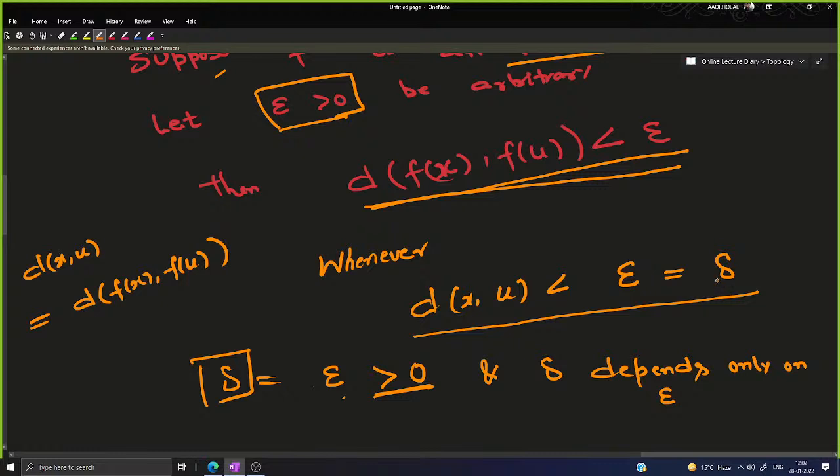So that means it is uniformly continuous, because that is the definition of uniform continuity. So every isometry is uniformly continuous.